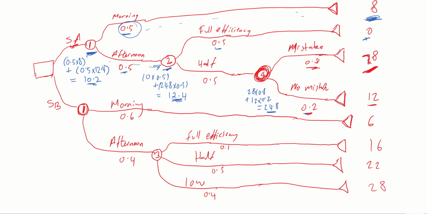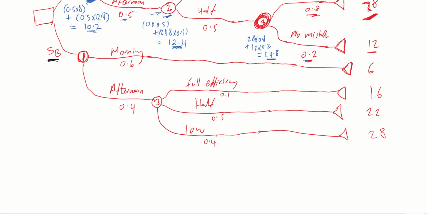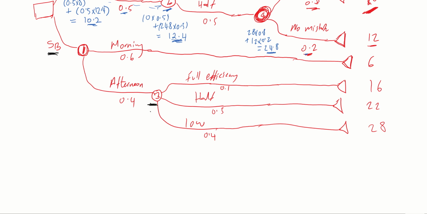Okay, so we've done the calculation for the top part. Let's do it for the bottom part now, which is subcontractor B. Again, start at the end, and let me start at node 3, the node at the lowest level of the hierarchy for subcontractor B. I've got 3 branches.